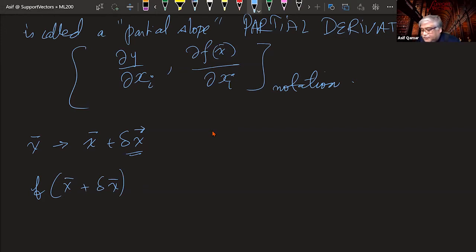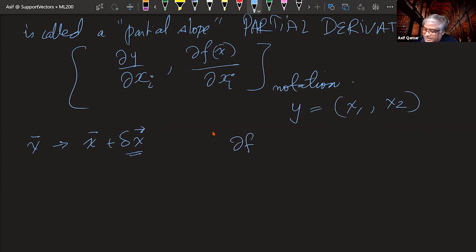Before I go there, let me bring up a concept. Let's say there are two axes, x1, x2, and you're looking at y as a function of this. So you will have dy/dx1 and dy/dx2. There are two components here.